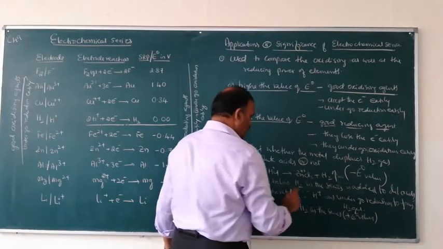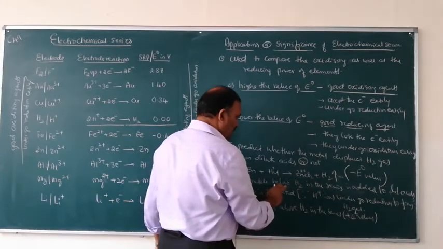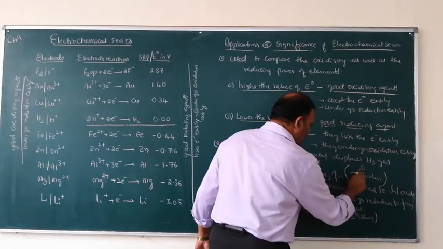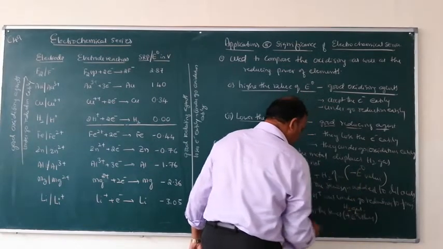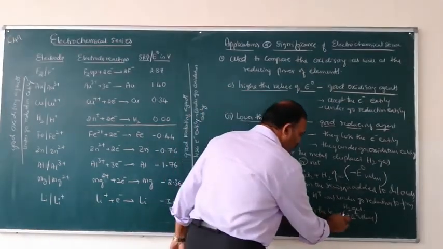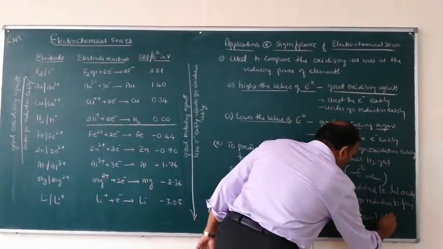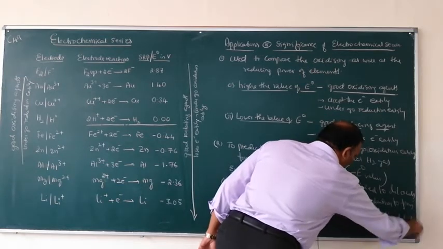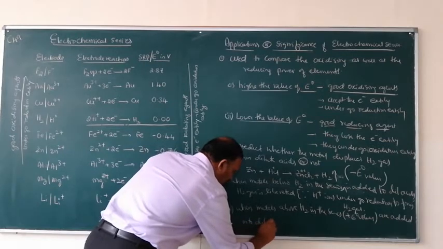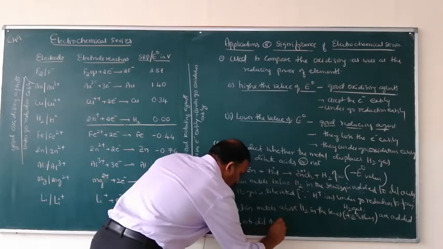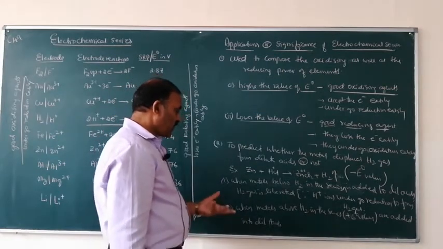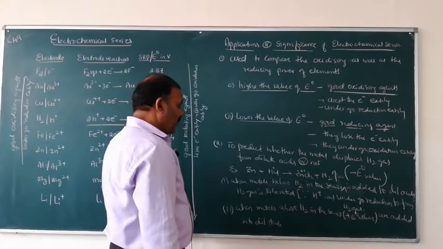Here, when metals below hydrogen in the series, remember, have negative E naught values, here when the metals above hydrogen in the series, meaning positive E naught values, are added into dilute acids, whether it may be dilute HCl, dilute H2SO4, dilute HNO3, what happens?